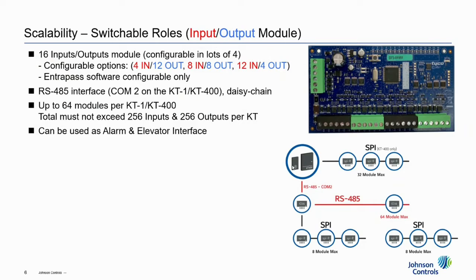due to some demand changes or site drawing changes, okay, many a times we will need to purchase either additional modules, okay, or we need to run additional wiring, okay, because the design changes, and that will result in extra cost and project downtime, okay, project delay. So this module is unique in the sense that if you require more inputs and outputs, okay, you basically just change the mode.